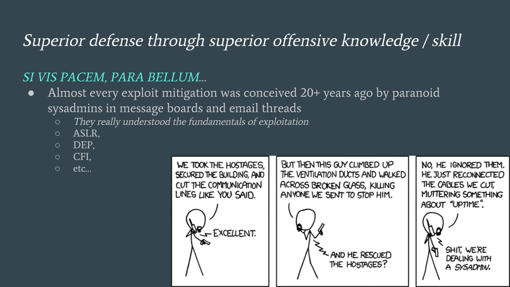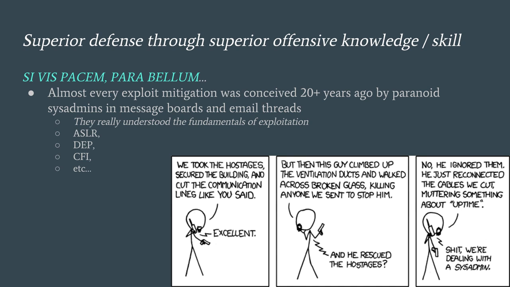And so I'd like to note on that point that in my research, almost every single exploit mitigation that we've discussed and that the field has deployed recently was a mechanism that was conceived over 20 or more years ago by very paranoid sysadmins and developers and compiler developers in various message boards and email threads. They really understood the fundamentals of exploitation.